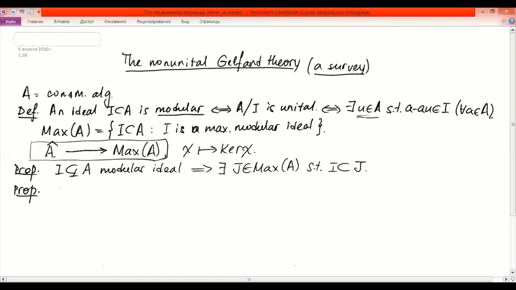So, first of all, let's assume from the very beginning that A is a commutative Banach algebra.